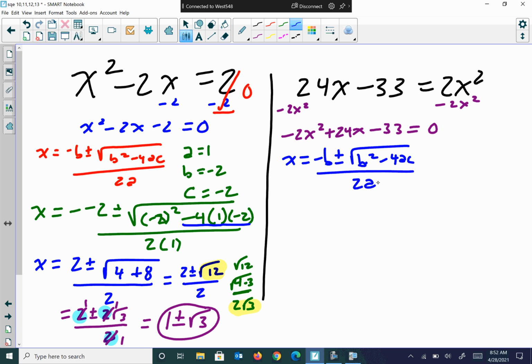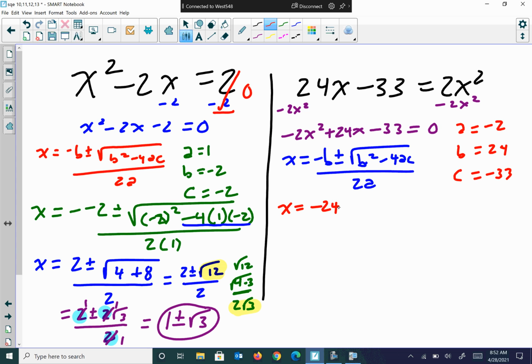Oh, write it down. Get it down. A equals what? Negative 2. B equals 24. C equals negative 33. Oh boy, oh boy. Here we go. X equals negative 24.